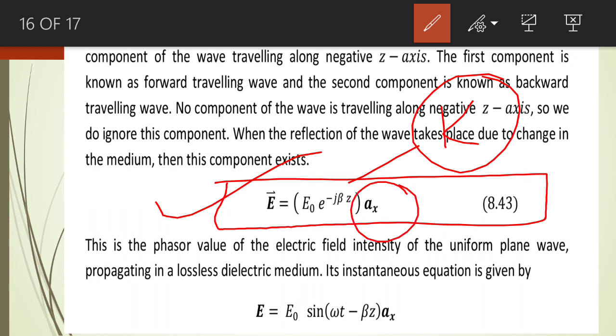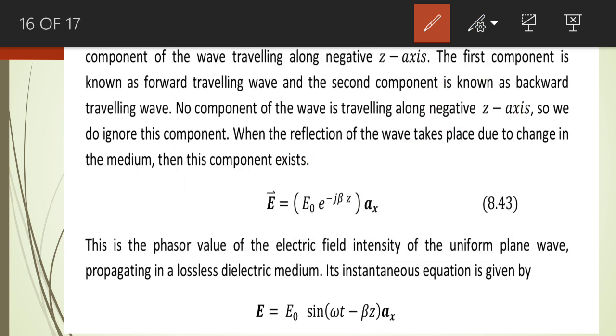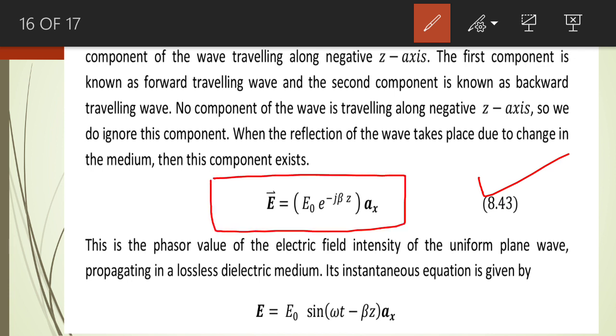Ax is a unit vector along x-axis, which gives you the direction of the electric field intensity in this equation. This is the phasor value, not instantaneous, I'm sorry. This is the phasor value of the electric field intensity of the uniform plane wave. The transverse electromagnetic wave is also known as uniform plane wave.